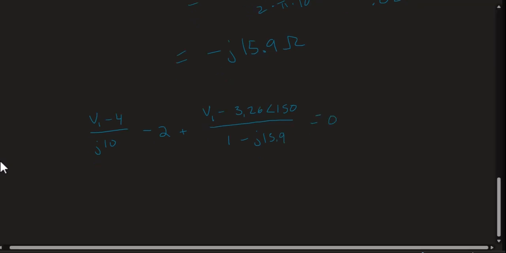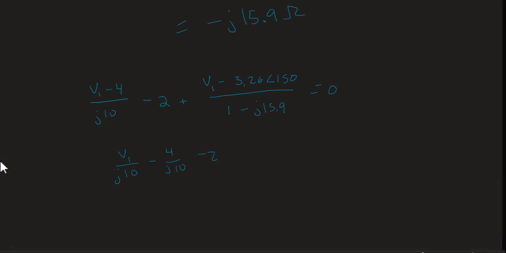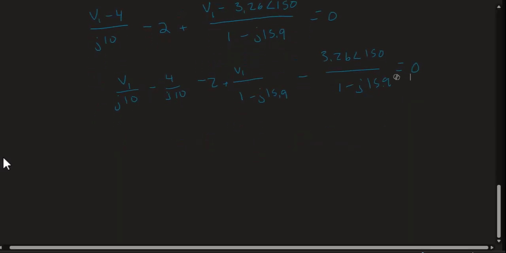Now, the way I solve this is I want to do as little math as possible. So I'm going to break up these fractions, so that I could get everything with V on one side and everything without V on the other side.